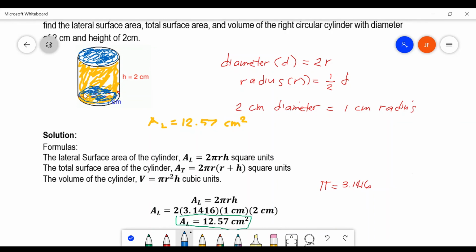We add all these three, the lateral plus the bottom and top bases.